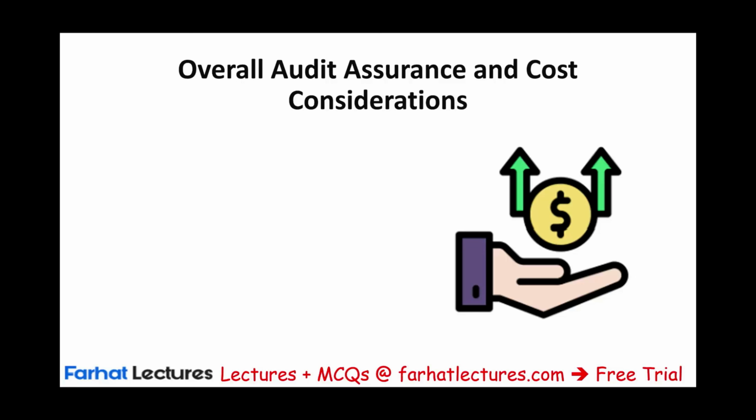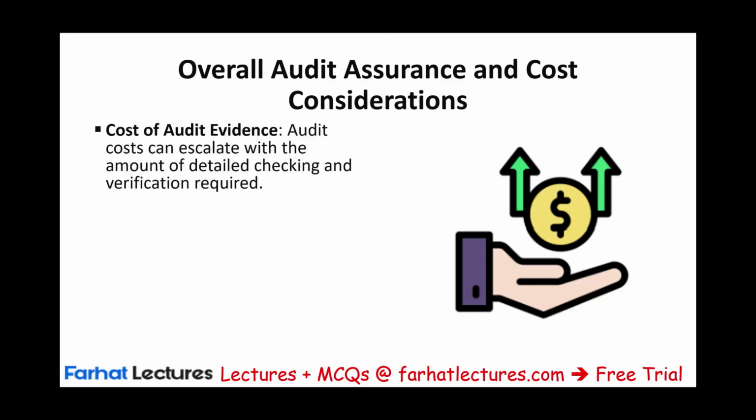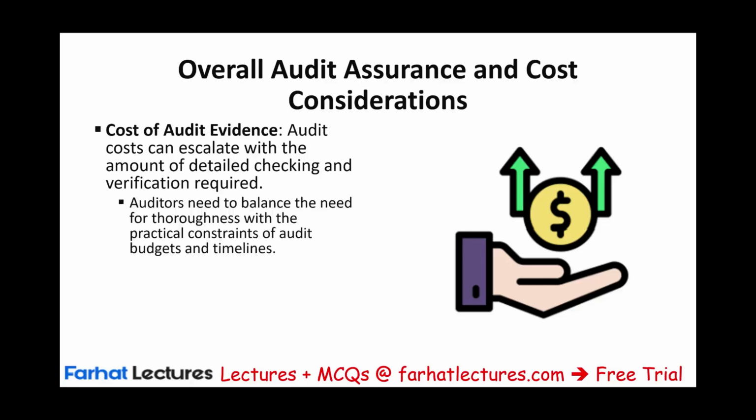Also, when we are setting materiality, we have to take cost into account because we have to devote time and resources, and you have to provide the resources and tools to the team. So we have to allocate performance materiality properly. Audit costs can escalate with the amount of detailed checking and verification required. So we cannot spend time anywhere.